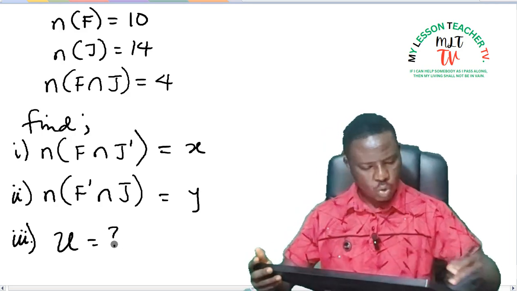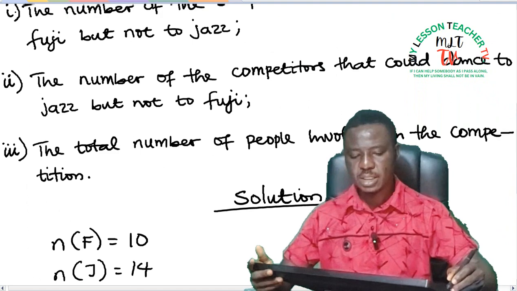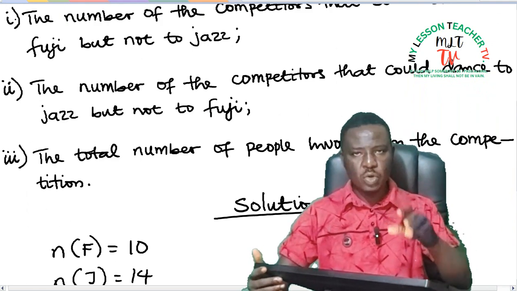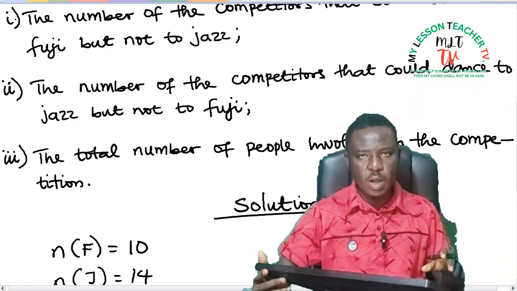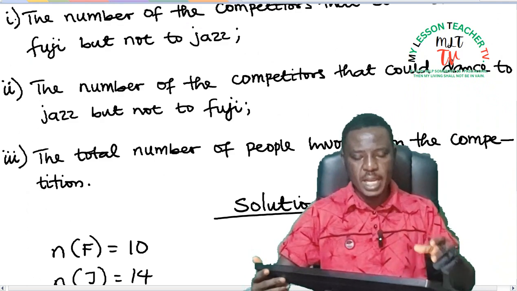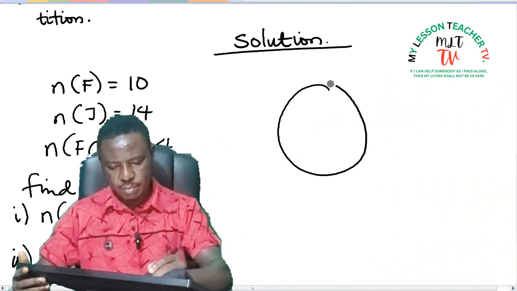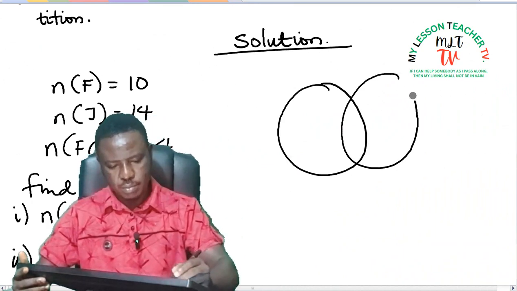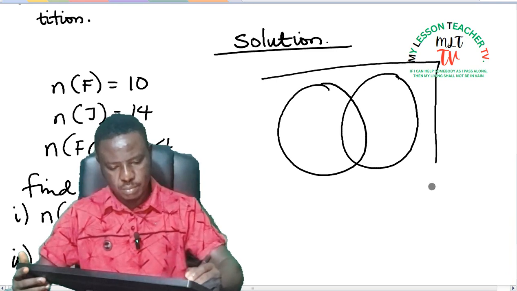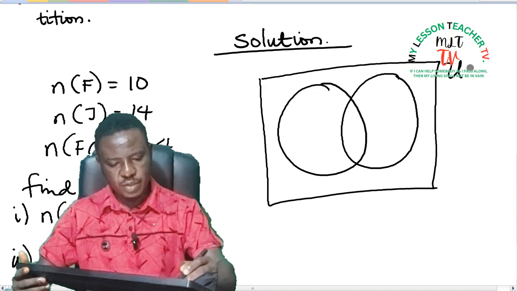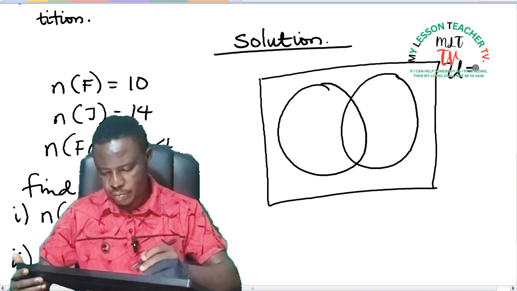Okay, so with this now, we can sketch our Venn diagram to indicate those areas we are asked to look for, and thereafter go ahead in solving them. If this is our Venn diagram, this is the universal set, which is not given.